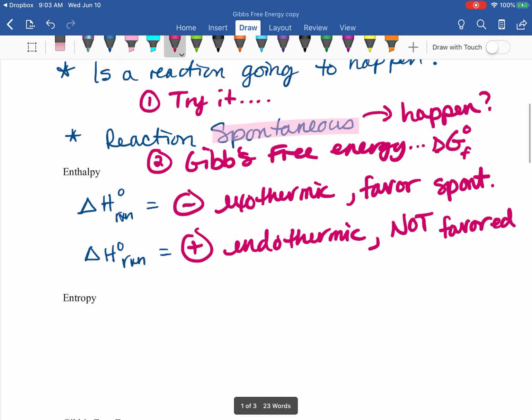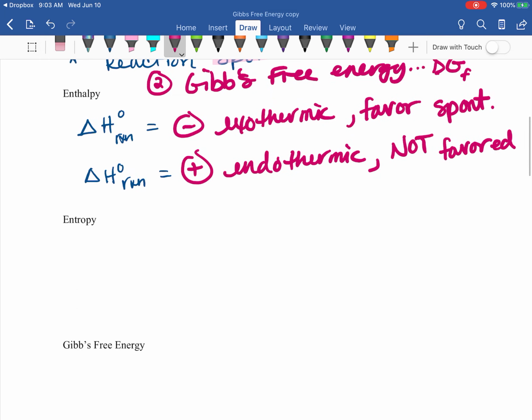Well, this is why we have a second term, okay? We don't have just exothermic, endothermic. We actually have to consider that last video, entropy as well. We've got two factors here.